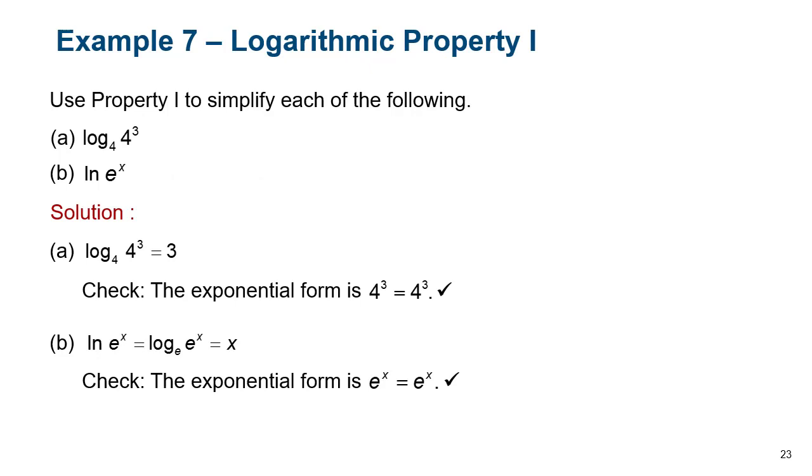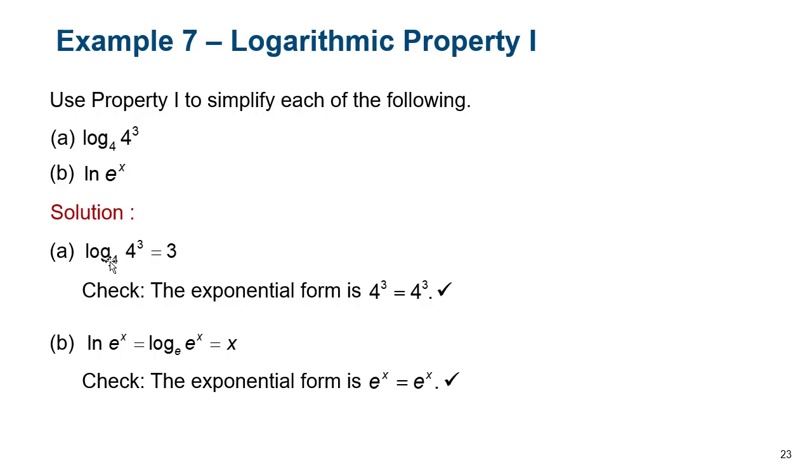Now we can use property 1 to simplify each of the following. Well, we know log base 4 of 4 cubed has to equal 3. And then we have to remember that natural log is log base e, so we're asking e to what power equals e to the x, and we go, duh, it's x. So this also starts to tell us that if we take the log of something, the power comes down.